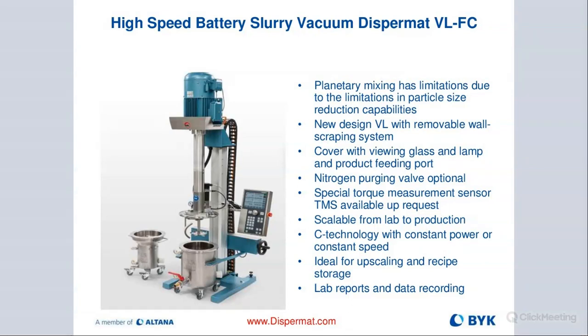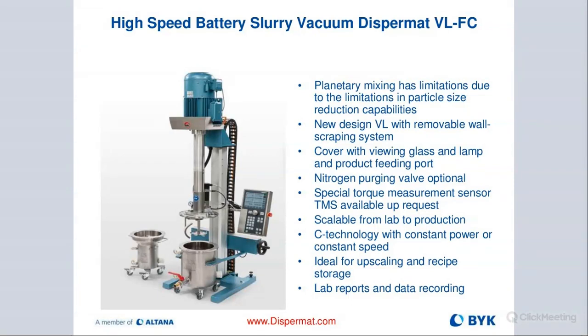So this here is an example of the Dispermat VL for the renewable energy market, fuel cell market. We have an optional wall scraper. Some people prefer that the slurry gets completely mixed and there is no residue sitting on the container wall. It's basically all sealed up, so we can draw a vacuum.